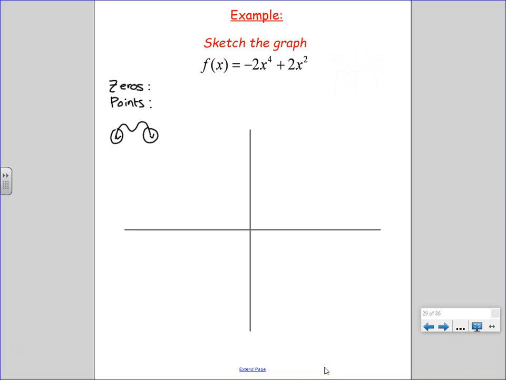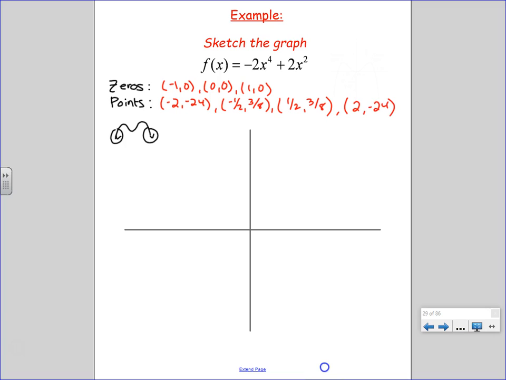The zeros we have as -1, 0, 0, 0, and 1, 0. The points we have as -2, -24, -1/2, 3/8, 1/2, 3/8. Just putting together what we have. So let's see how good a graph we can get.